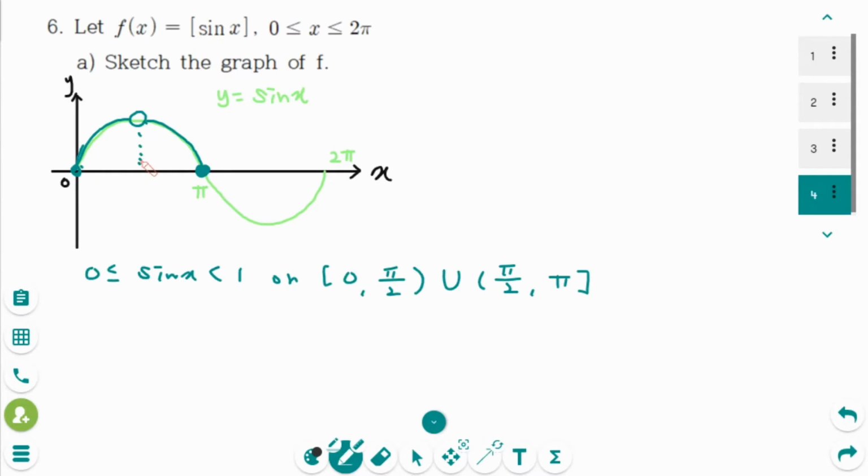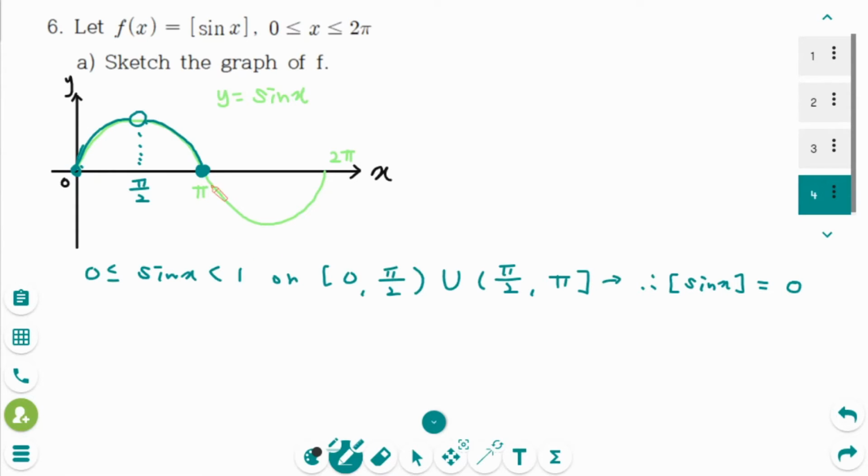So this part is pi over 2. The range of sine is between 0 and 1. So therefore, greatest integer function of sine x equals 0.